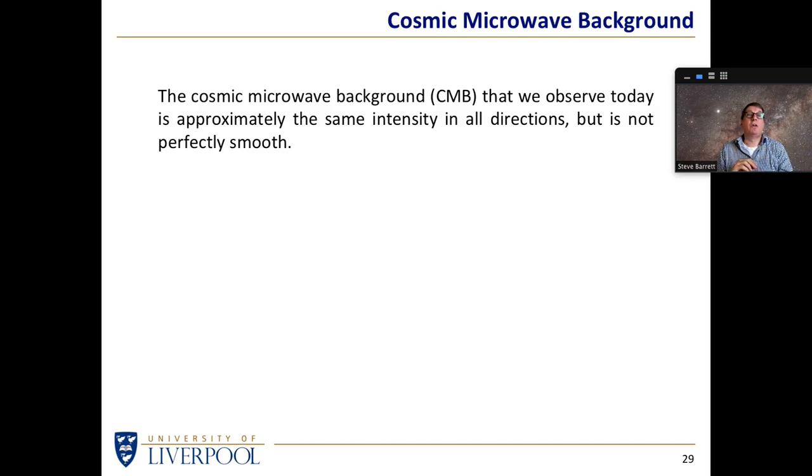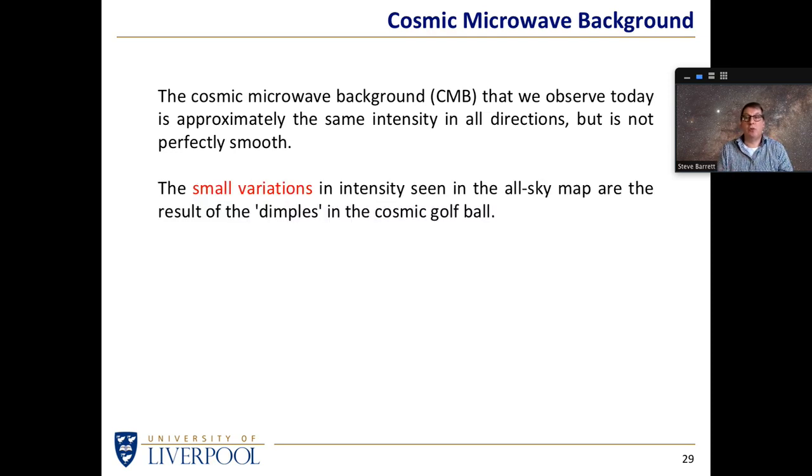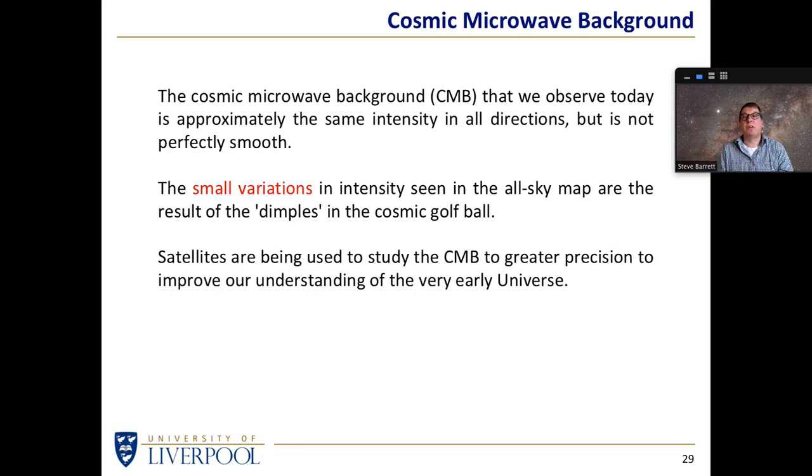So we observe the microwave background not just as an interesting peculiarity of the universe, because it gives us a piece of evidence that the universe was indeed born in a Big Bang, because the Big Bang predicts that we should see microwaves, and that is indeed what we do see. Not perfectly smooth, but those variations are the variations that we saw earlier in that all-sky map. Those variations are simply the dimples in the golf ball that are now imprinted on the microwaves.